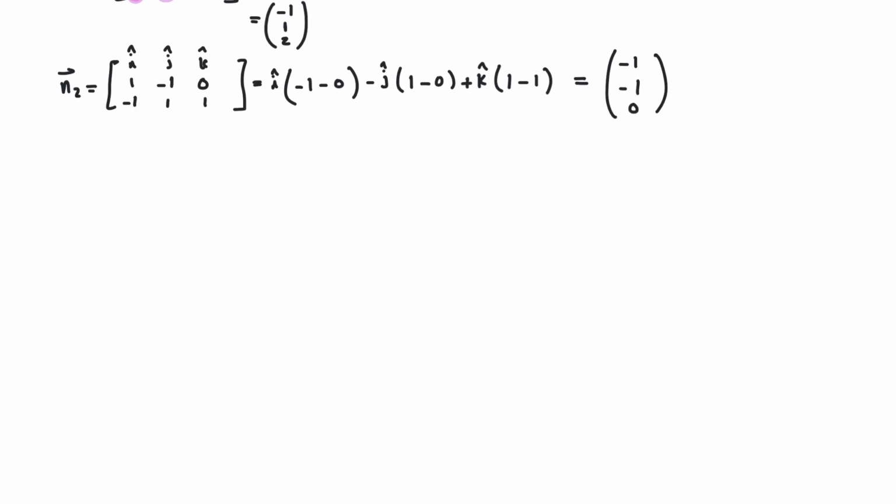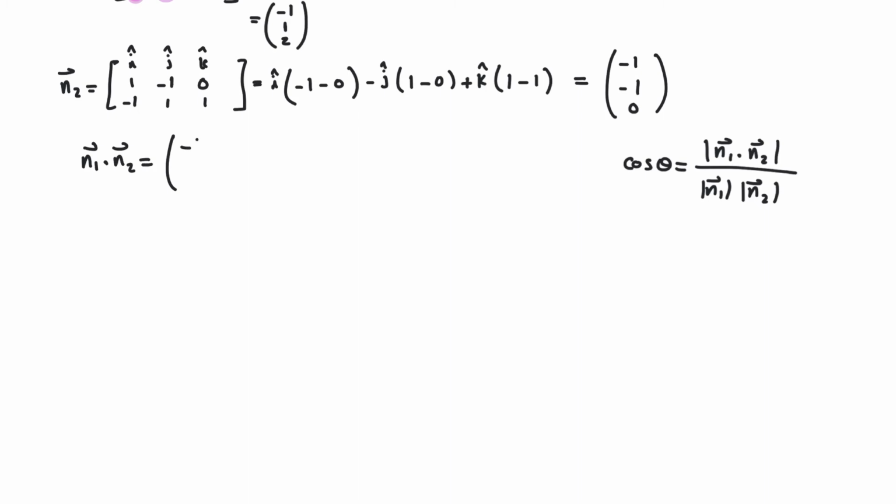And my equation for the angle is cosine of theta is equal to the magnitude of the dot product of the two normals divided by the magnitude of normal 1 and the magnitude of the normal vector 2. Now to find the dot product, I will write both vectors.